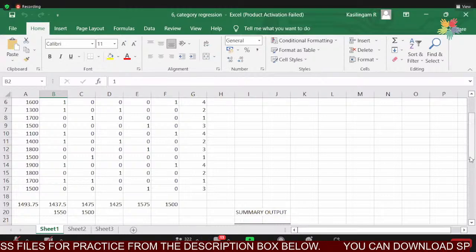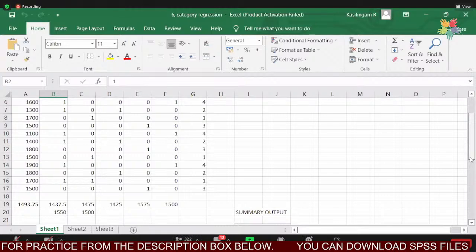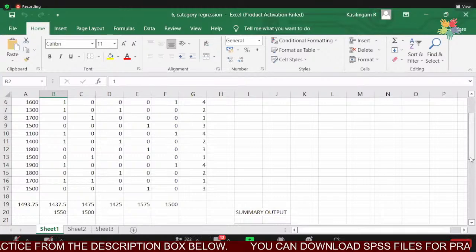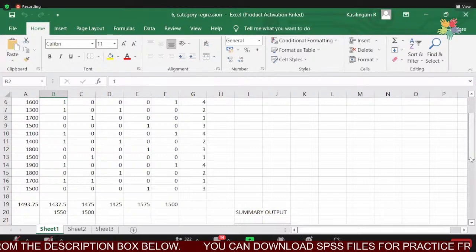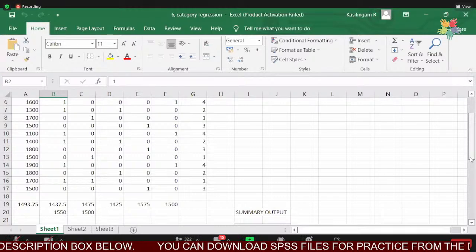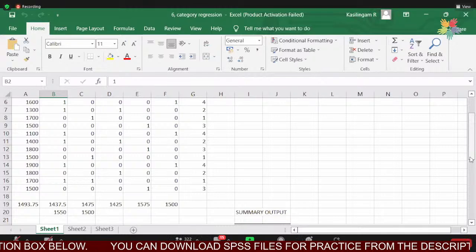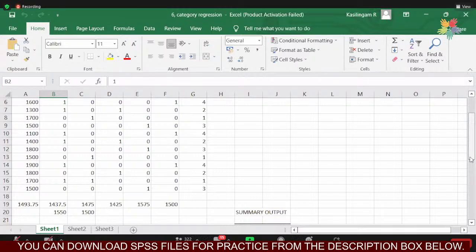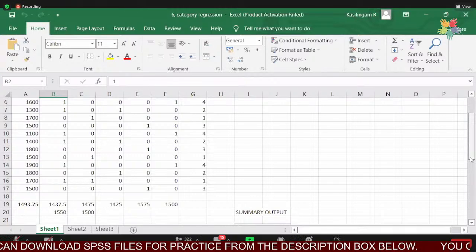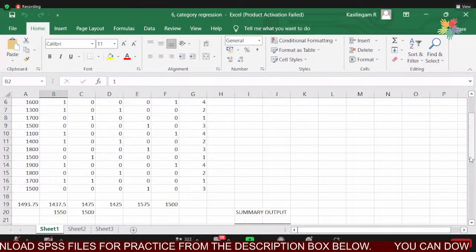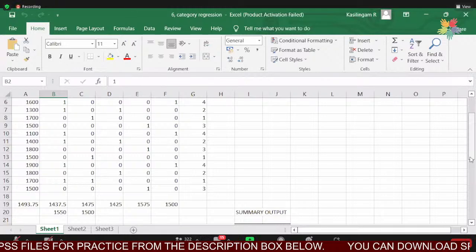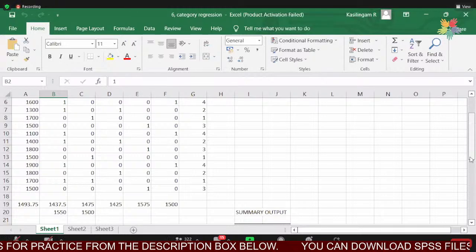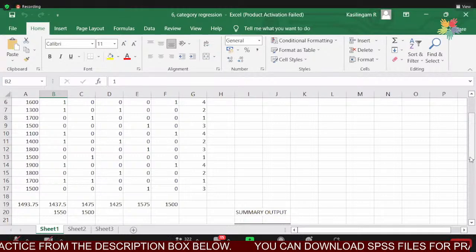So you cannot take the categorical variable straight away. What you have to do is create a dummy. How to create a dummy? Automatically there is a procedure to create.